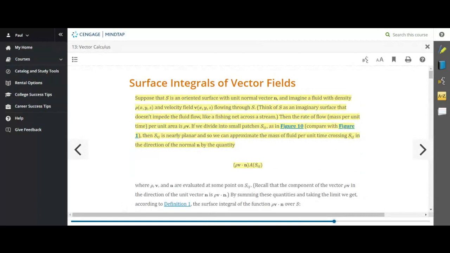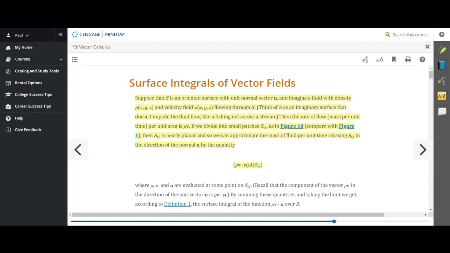Suppose S is an oriented surface, with positive or negative orientation and unit normal vector n, and imagine a fluid with some density and some velocity field flowing through S. The fluid behaves according to the velocity field V, and has some density. Think of S as an imaginary surface that doesn't impede fluid flow, like a fishing net across a stream. Then the rate of flow, mass per unit time per unit area, is equal to the density times the velocity.